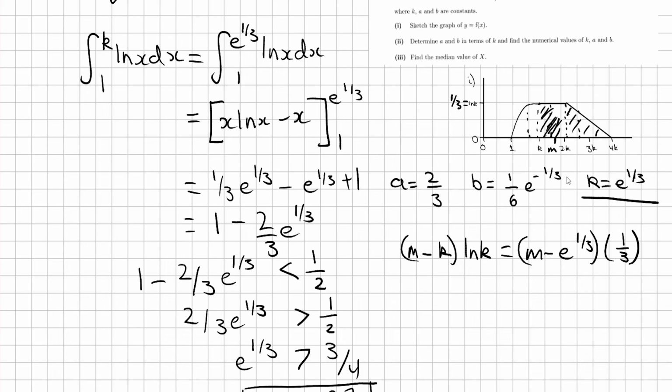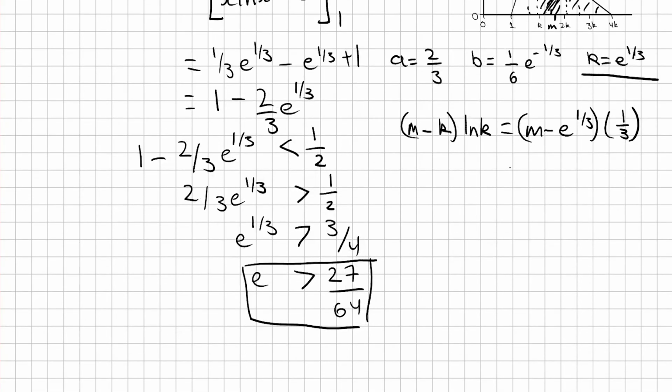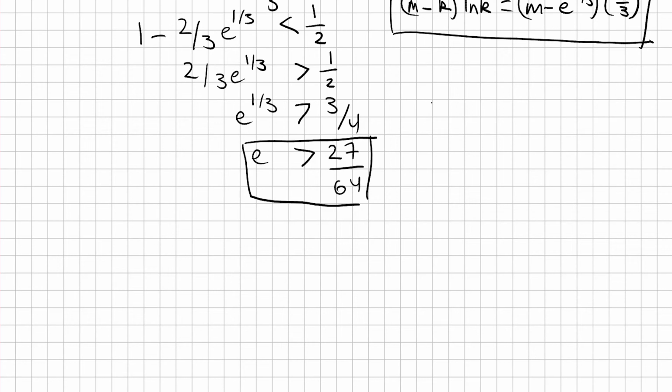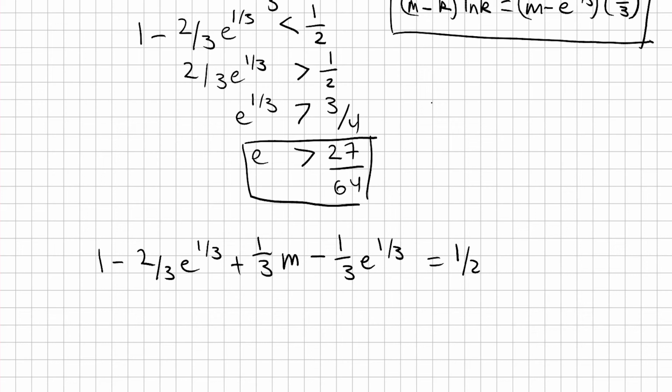So we have to get this area and add it to the previous area to make it 1/2. So we have 1 minus 2/3 of e to the 1/3 plus 1/3 m minus 1/3 e to the 1/3 equals 1/2.